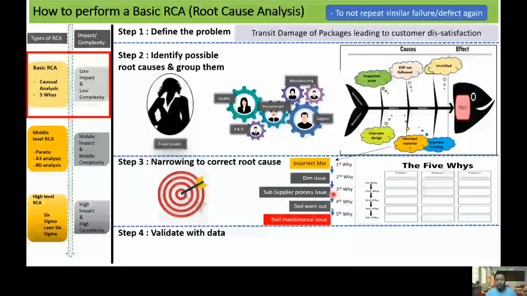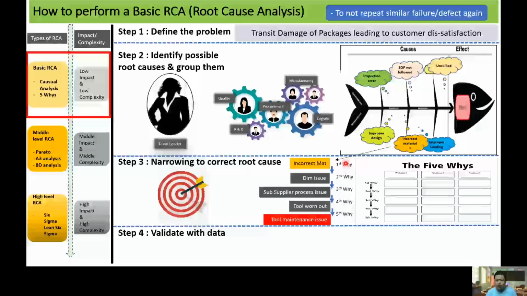Why there were process issues, then you could understand that some tool was worn out. The tool which was used to manufacture the material was worn out. If you ask why the tool was worn out, then the right root cause could be some maintenance issue with the tool at the supplier place.